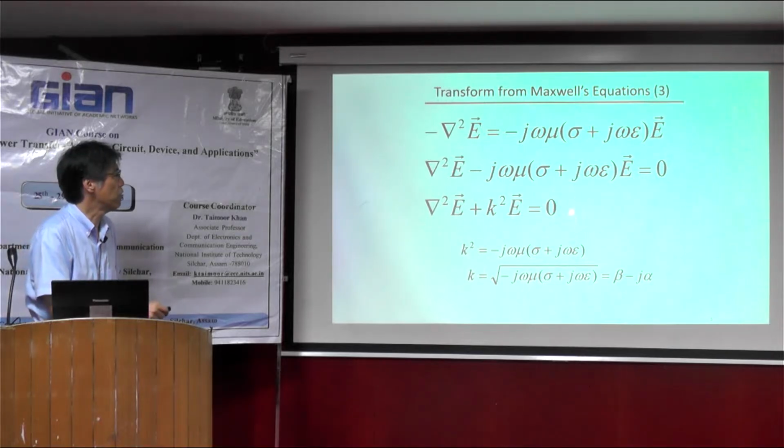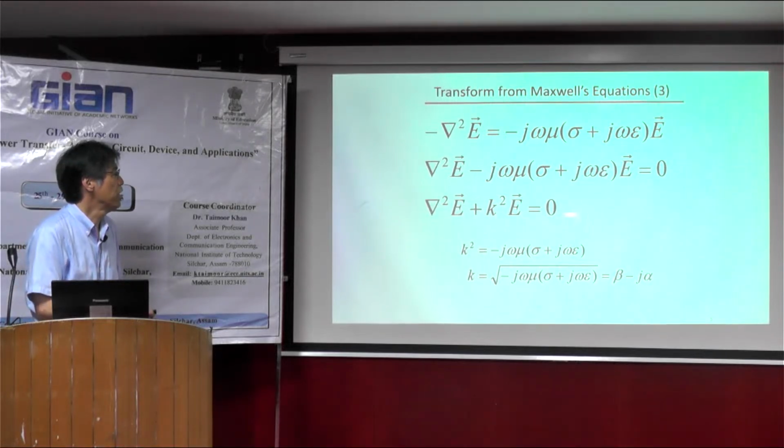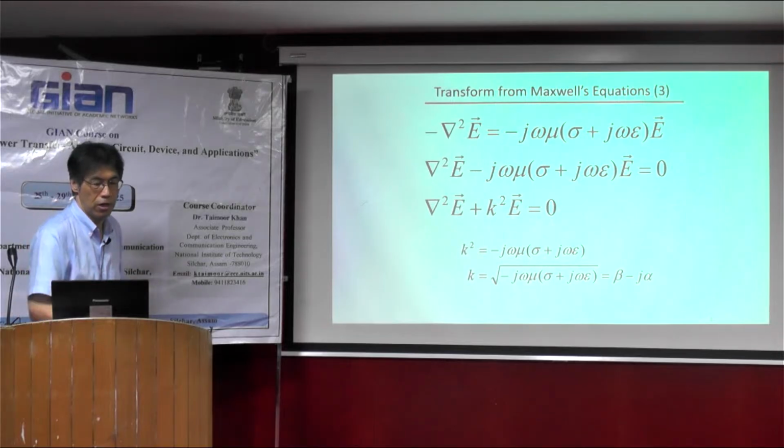And at last, we get this formula. This is named the wave equation. So this is a very basic formula derived from the Maxwell's equations. So can you follow this transformation?